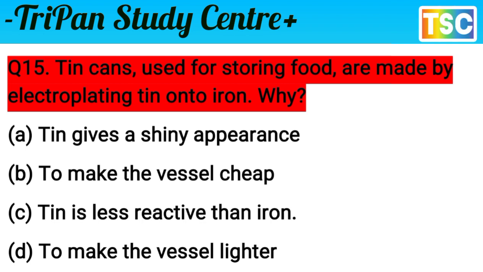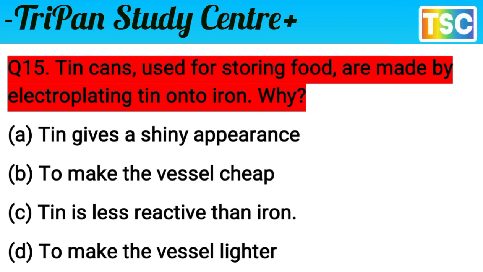Option C: tin is less reactive than iron, and D: to make the vessel lighter. Note that the question is very interesting, but the answer is clear. Option A, to give a shining appearance, is not the right answer. Option B, to make the vessel cheap, no way. Steel is very costly here, so option B is wrong.